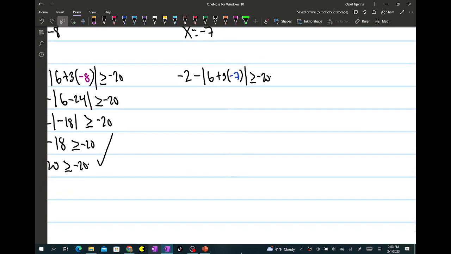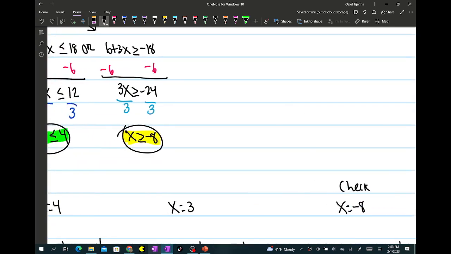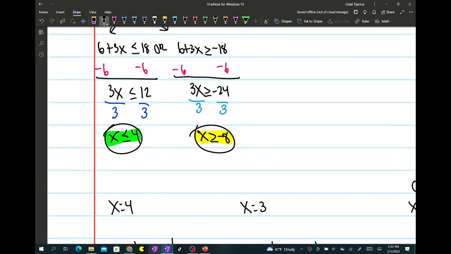So when we simplify this, we get negative 2 minus the absolute value of 6 minus 21 is greater than or equal to negative 20. So then that would be negative 2 minus the absolute value of negative 15 is greater than or equal to negative 20. And then we get negative 2 minus 15, which is negative 17, greater than or equal to negative 20. So that works, right? So we can clearly say that these two inequalities work.